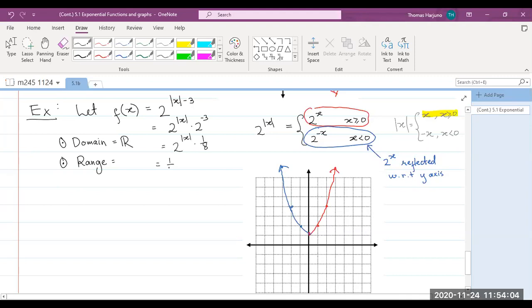That's 1/8 of 2 to the absolute of x. So basically, whatever you have here, you need to divide by 8. So 0, 1 becomes 0, 1/8. This is 1/4. This is 1/2. 8 divided by 8 becomes 1. 1/2, 1/4. So it becomes like this later on.